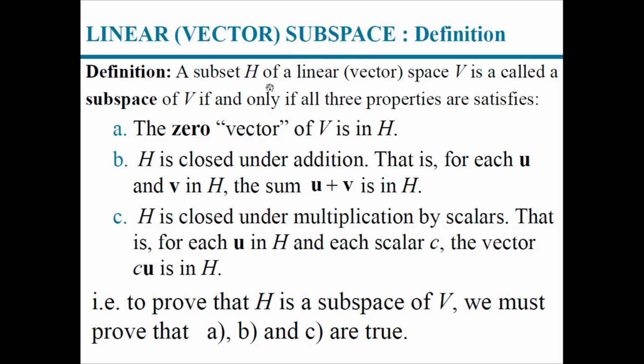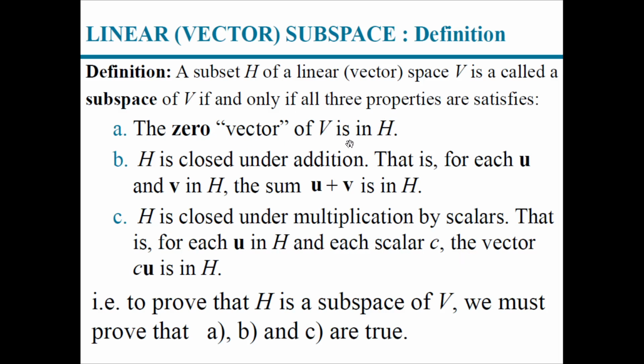It doesn't matter. So if I have a subset of a linear space and I have the operations of addition and multiplication that are already defined, and we are going to use only the standard ones, we are not going to invent anything new, then H will be a subspace if and only if all of the three conditions are satisfied.